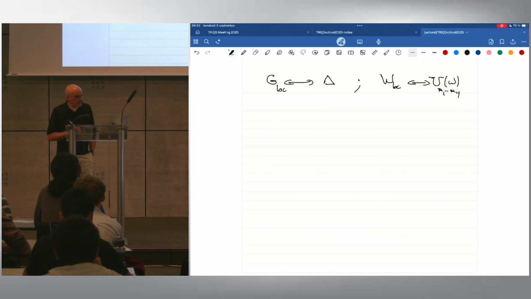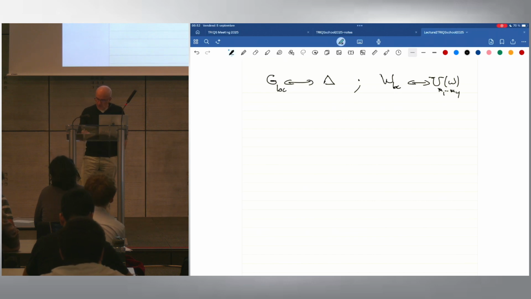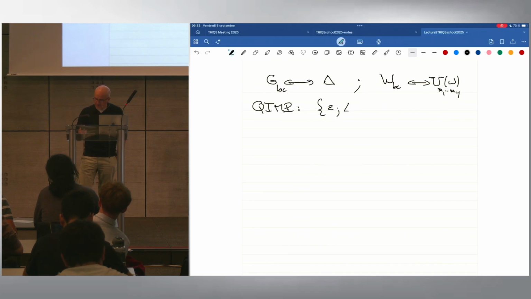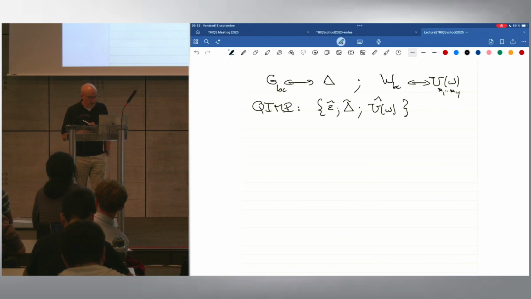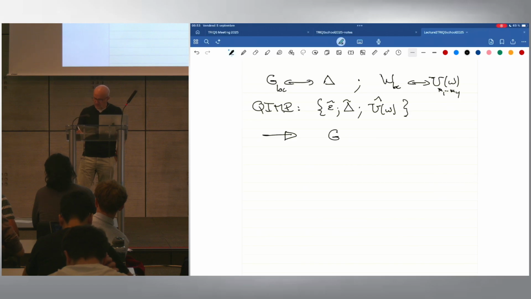Which is such that by solving a quantum impurity model, which is entirely specified by a set of level positions, delta, these are all matrices, okay? And this four-index tensor U of omega, right? By solving this model, I'm going to exactly reproduce G local and W local.